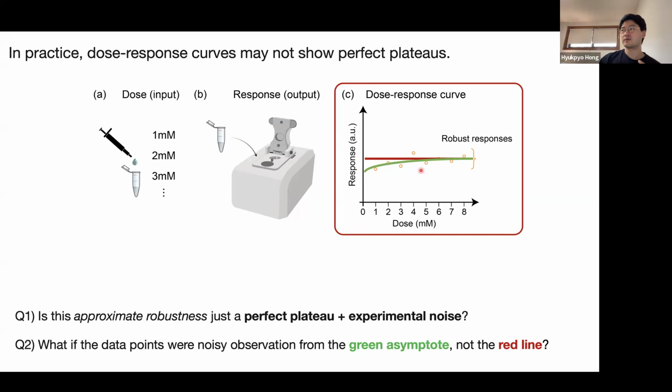So we want to shift our focus on this type of response curve from the perfect flat red line to the more flexible and less restrictive green line kind of asymptotes.